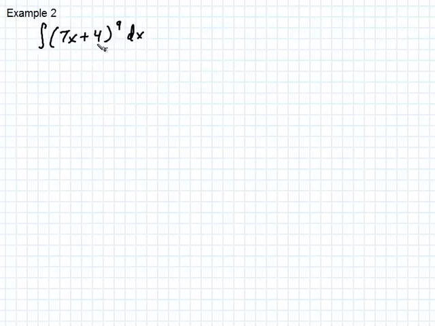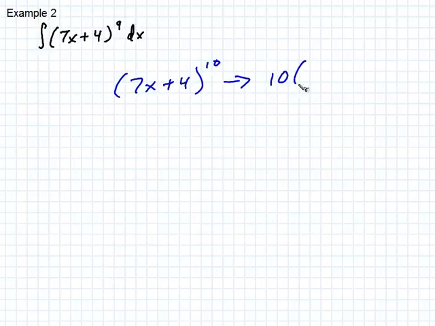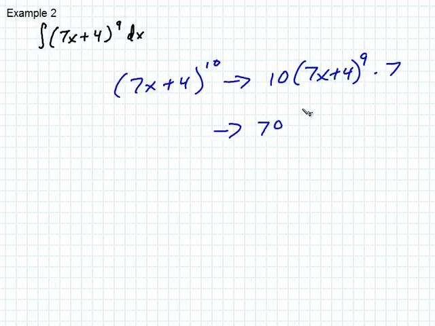Example 2, we have 7x plus 4 to the 9th. What is the antiderivative? Well, it's going to have to look something like 7x plus 4 to the 10th. If I take the derivative of this function, it's going to give me 10 times 7x plus 4 to the 9th. And I'm also going to have a 7 that comes out from the chain rule. So that, in other words, is 70 times 7x plus 4 to the 9th.